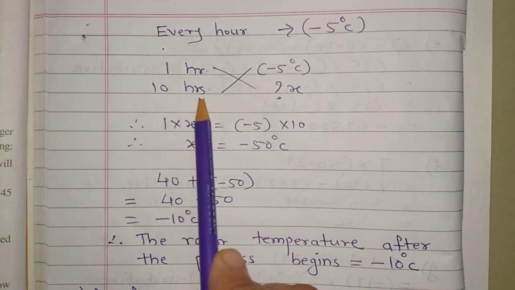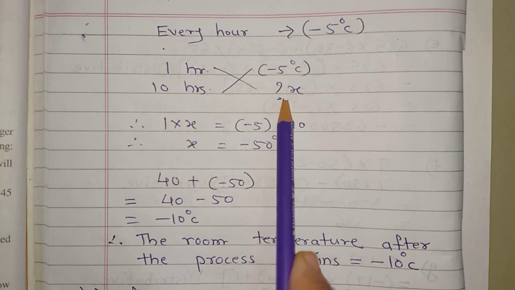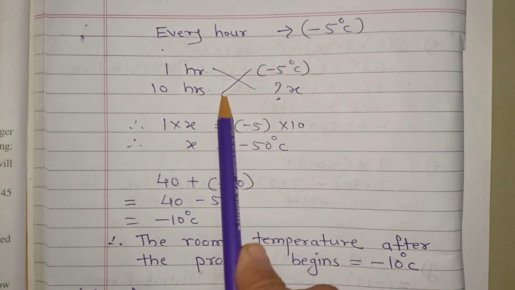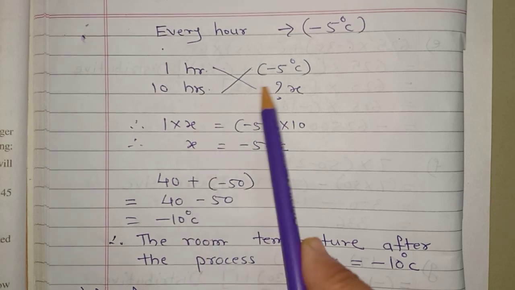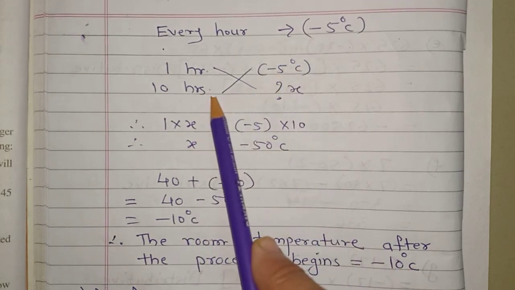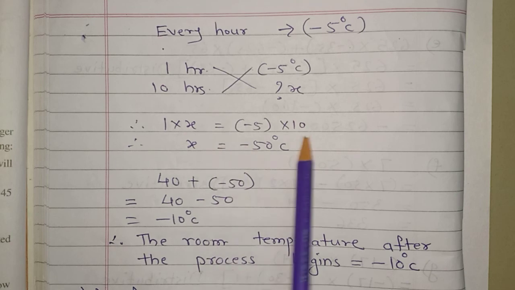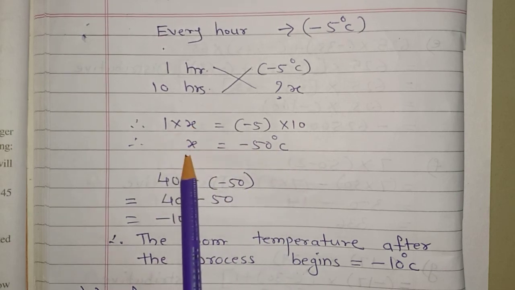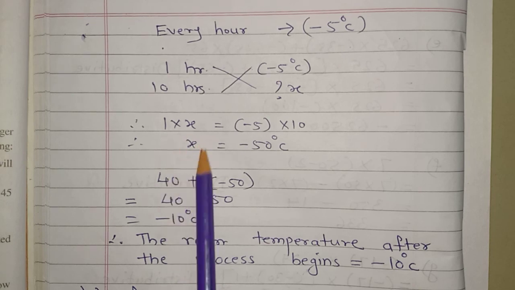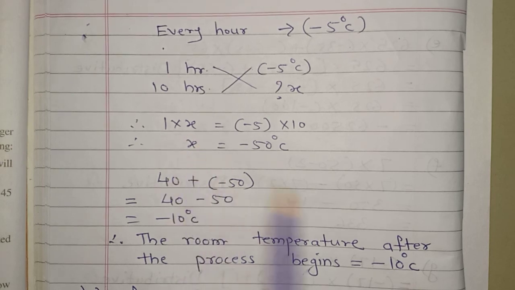So for 10 hours, how much will it decrease? Let's cross multiply them. So 1 into x, I have written it here, is equal to minus 5 into 10. Any number multiplied by 1 gives the same answer, so 1 into x gives x.